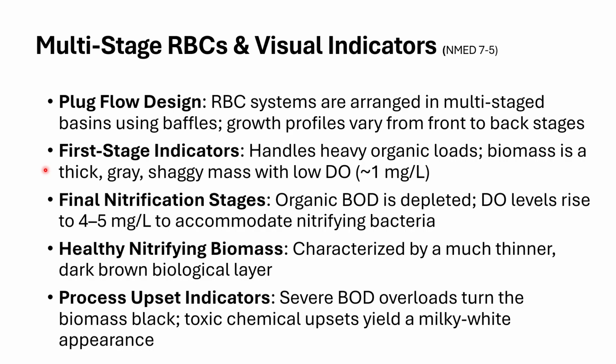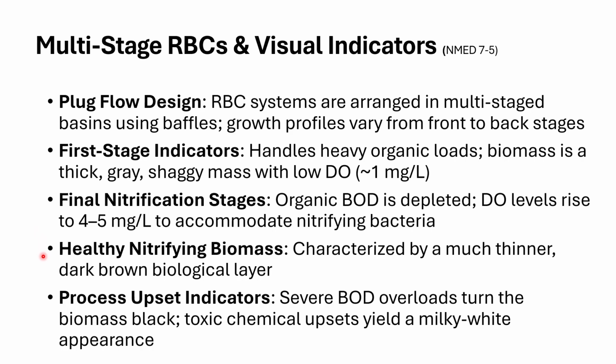Also, we can use this multi-stage setup to treat nutrients. For nitrates, for example, or ammonia coming in, heavy nitrogen or heavy ammonium content, when that organic BOD is depleted, the dissolved oxygen levels are going to rise to about 4 or 5 milligrams per liter at the later stages of RBCs in series, and it's going to act as a catalyst for these nitrifying bacteria to metabolize those nutrients.